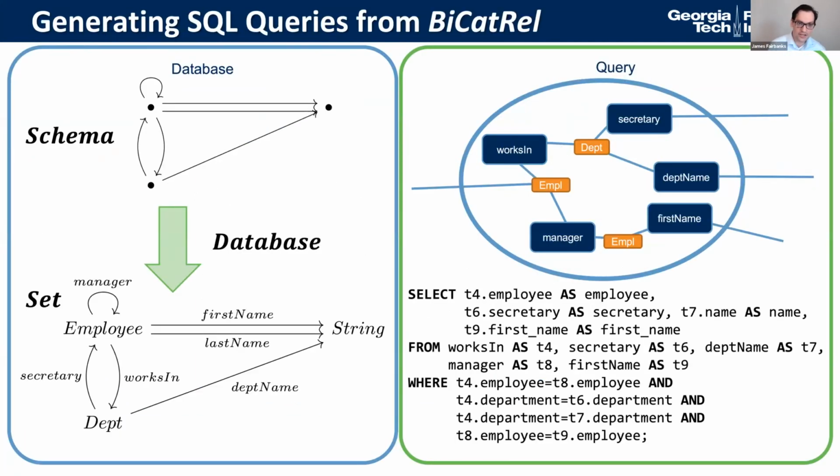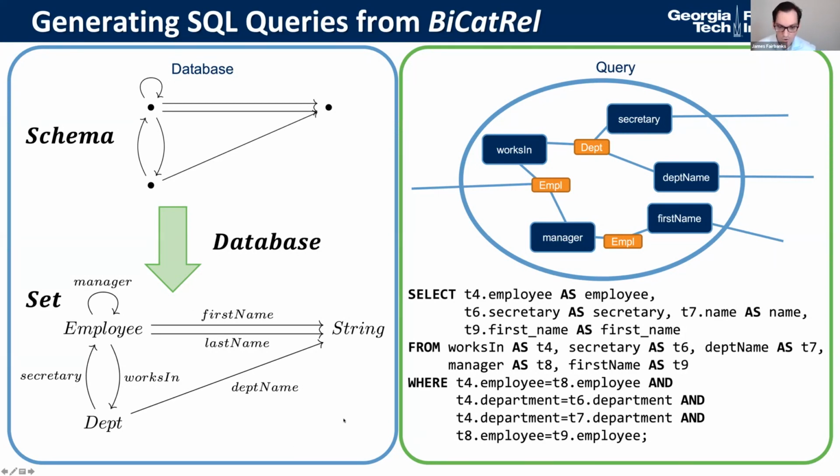Another example is generating SQL queries from the bicategory of relations, where you take a schema that describes, so it's basically just the C-set thing again, where you describe the schema as a category, you take instances in Set as database instances, and so that's a model of how databases work.